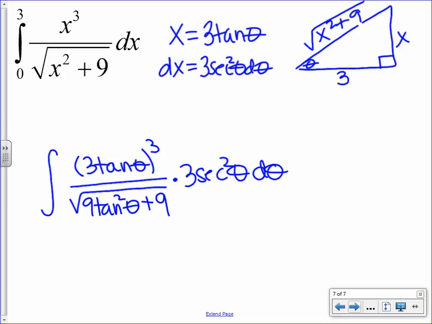Now, instead of coming back to that 0 and 3, those are x values, right? So let's talk about when x is 0.